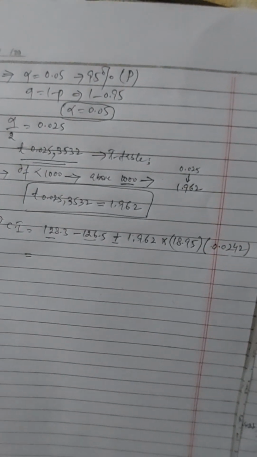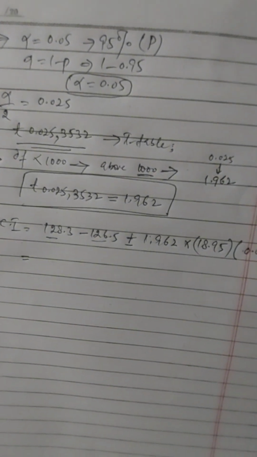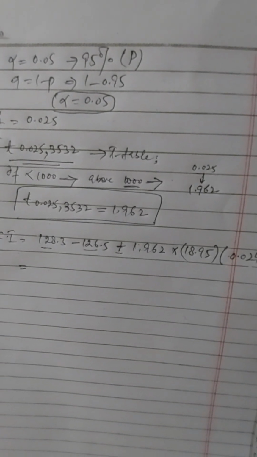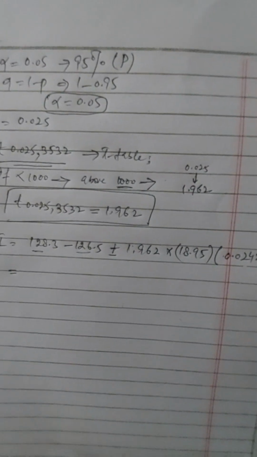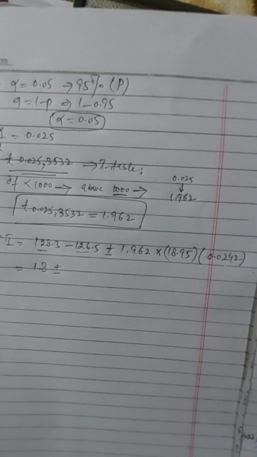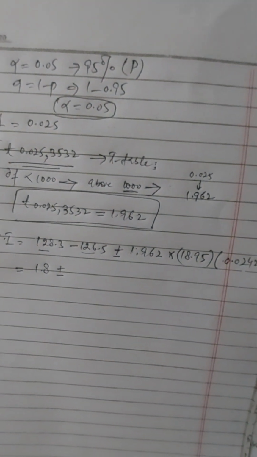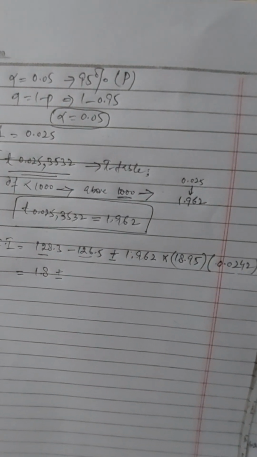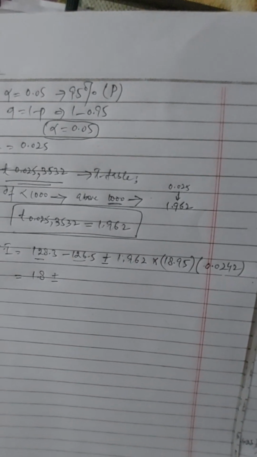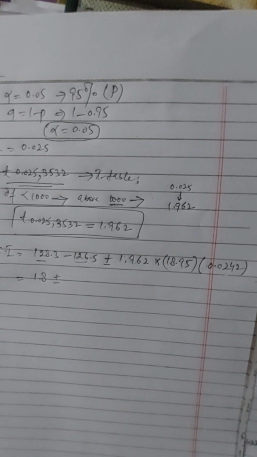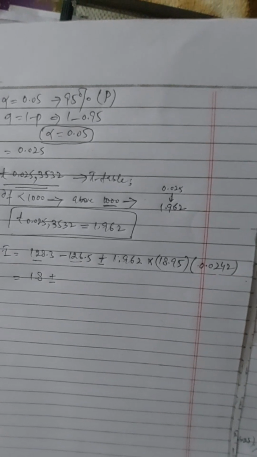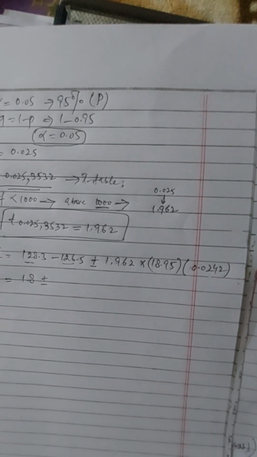128.3 minus 126.5 gives us a positive 1.8, plus or minus 1.962 multiplied by 18.95 multiplied by 0.0242.